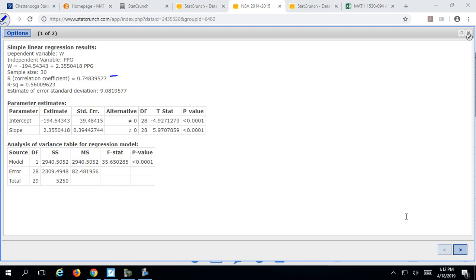The closer that guy is to 1, the closer those points are to that straight line. If R is exactly 1, then we have perfect correlation. That means that those points are lined up perfectly on a straight line. Okay? So the correlation coefficient here is 0.748.